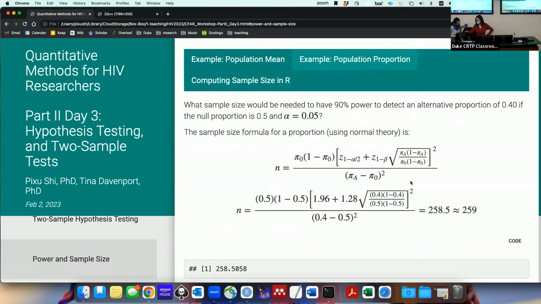I think one is a null and one is the alternative. Okay, good. I probably need to look into the manual. I didn't think that it should be symmetric, but it seems like it is.